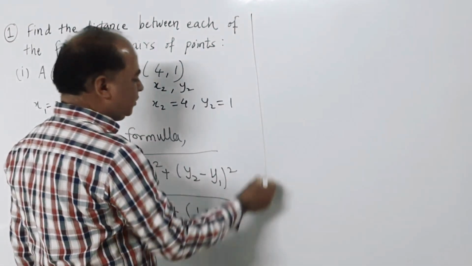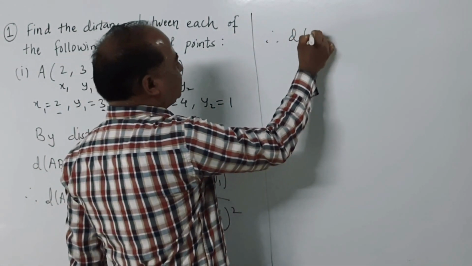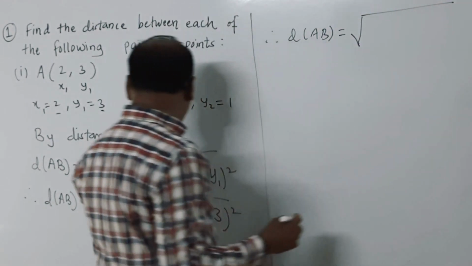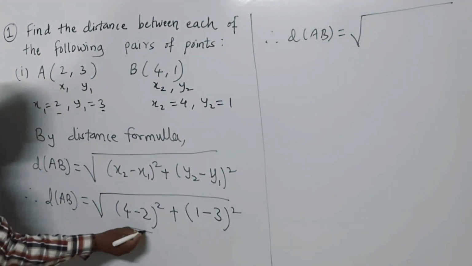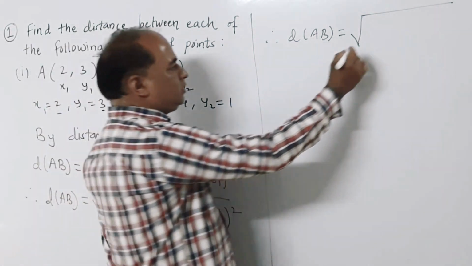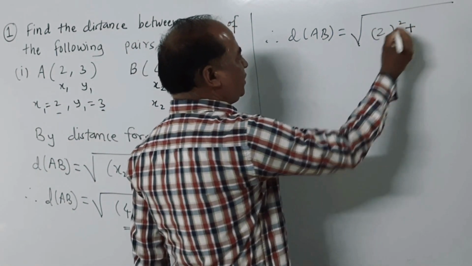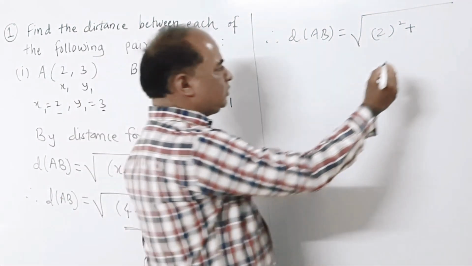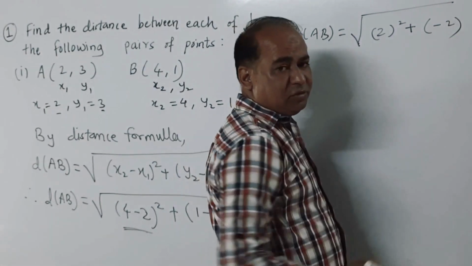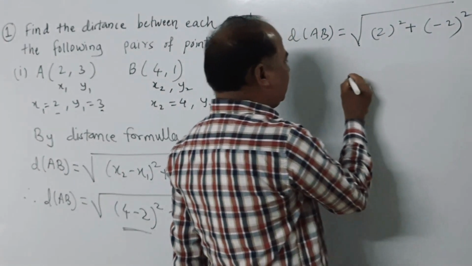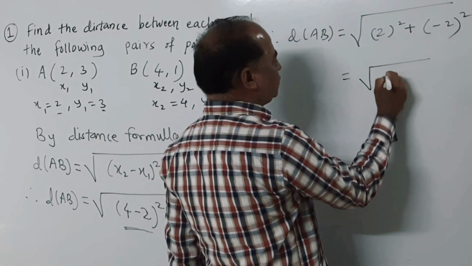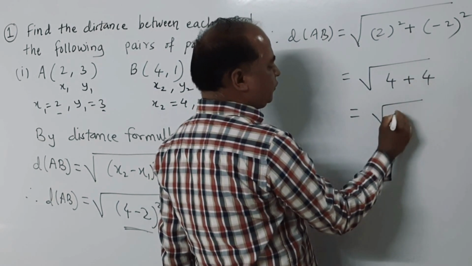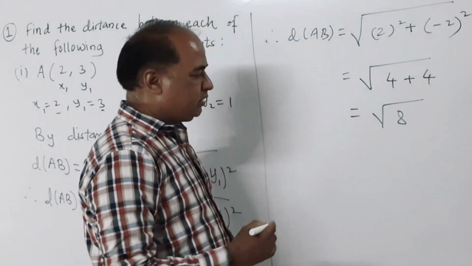Therefore distance AB is equal to under root (4 minus 2) is 2 square plus (1 minus 3), which is equal to minus 2 square, which is equal to under root 4 plus 4, which is equal to 8.